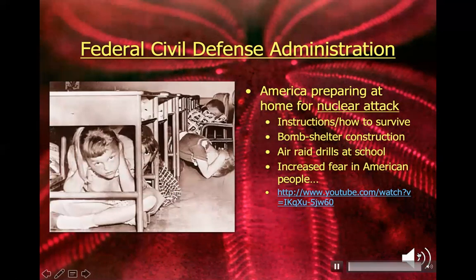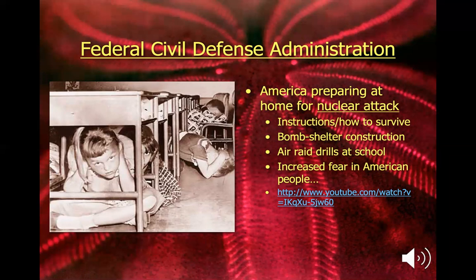As soon as we knew that the Soviets had the technology to potentially bomb the United States, the Federal Civil Defense Administration steps in and they help prepare Americans for a possible nuclear attack. They would create pamphlets or leaflets that would provide instructions as to how to survive an atomic bomb. Building bomb shelters at schools.